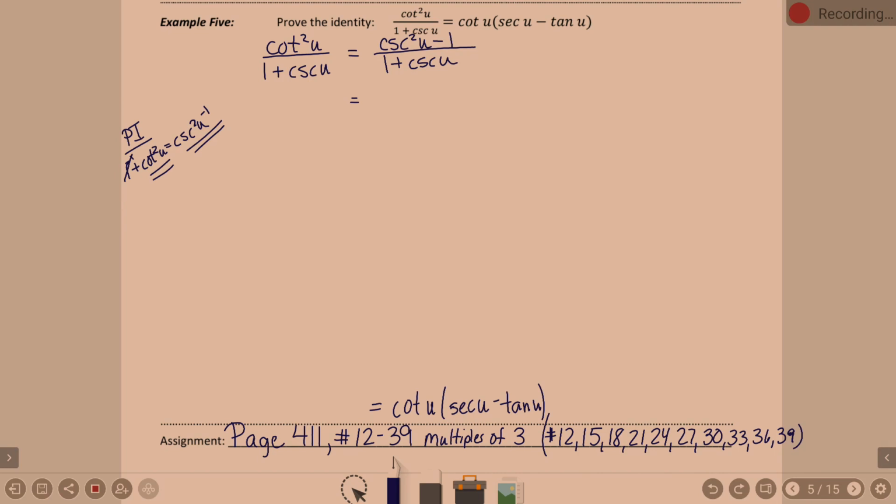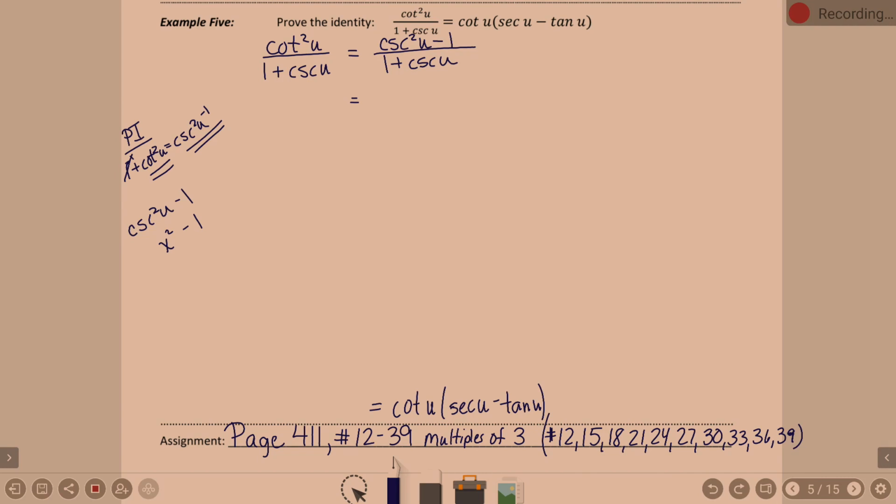There's actually a better way to go here. Look at that numerator. That numerator is currently cosecant squared u minus 1. It's of the form x squared minus 1. So cosecant minus 1 plus 1. Yeah.